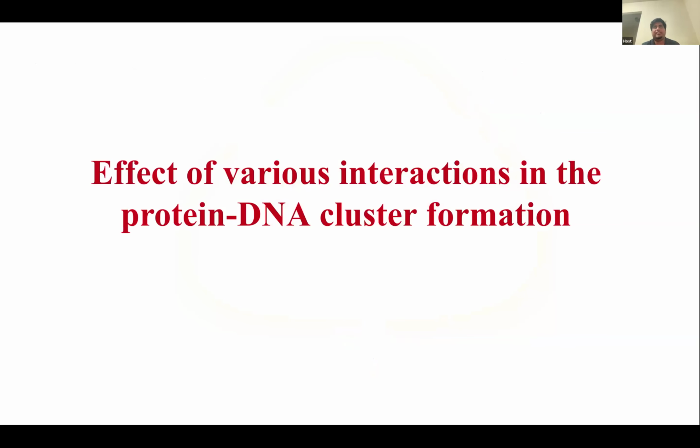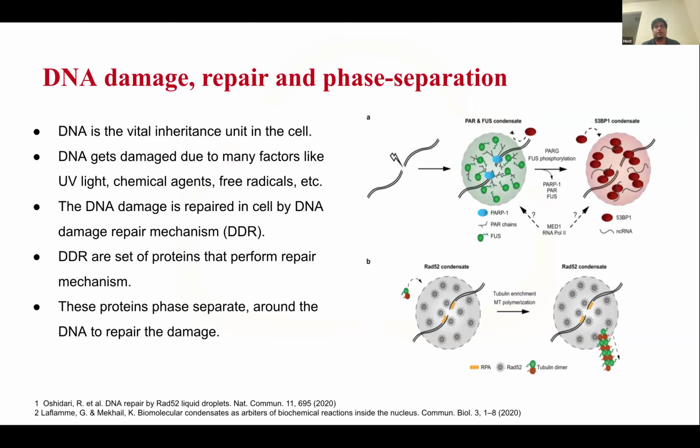In the next part of the study, we want to see the effect of various interactions in protein DNA cluster formation. DNA is a vital inheritance unit, and it gets damaged due to many factors like UV. When DNA repair happens, a cluster of proteins comes together, and we call it phase separation here.